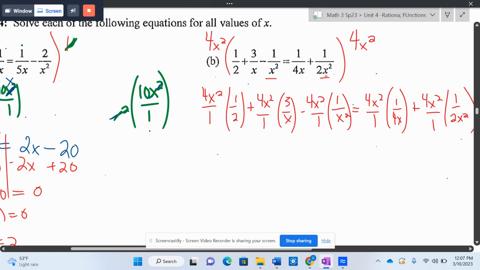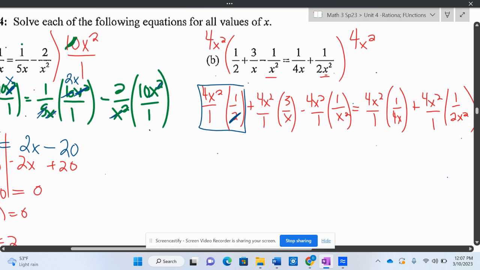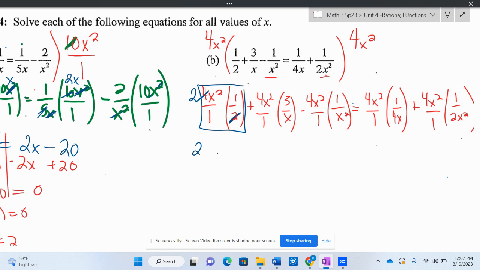So let's see. In the first product, I can get rid of the 2 in the denominator, and my 4x squared becomes a 2x squared. So 2x squared times 1 is just that, 2x squared. Okay. In my second product, I can cancel out an x from the denominator, and that leaves me with a 4x in the numerator. 4x times 3 is 12x.